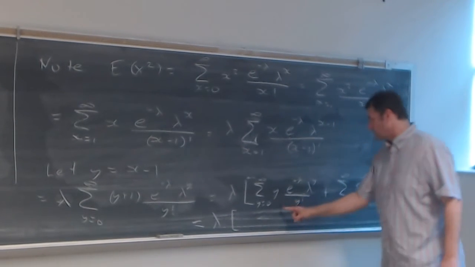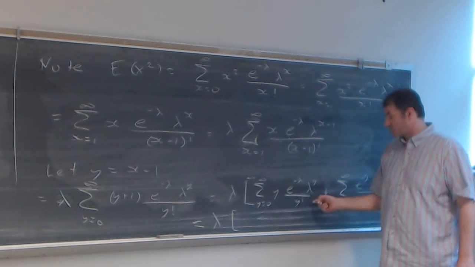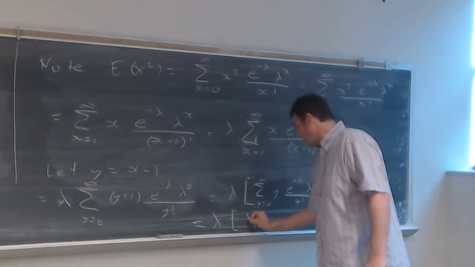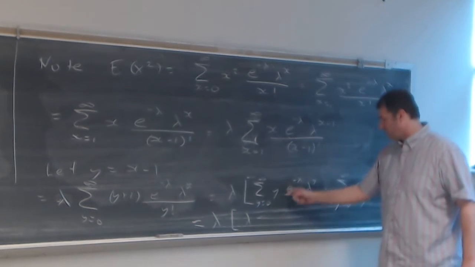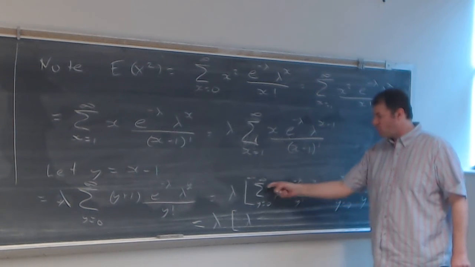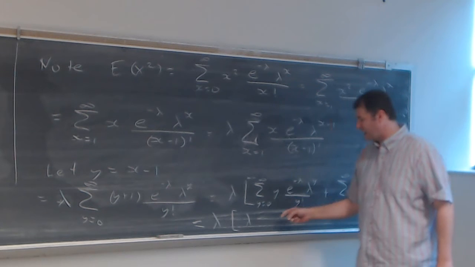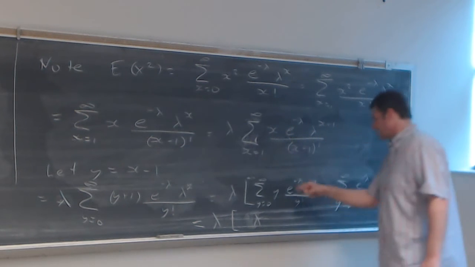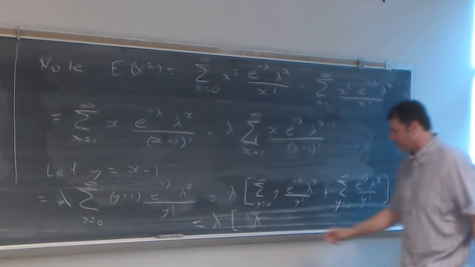Now, this is nothing more than a Poisson random variable with parameter lambda. This is the PMF of it, times y, and you sum it all up, that's the expected value of y. Well, that's just lambda. The expected value of this is lambda.